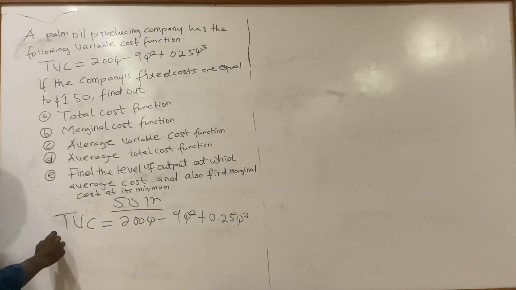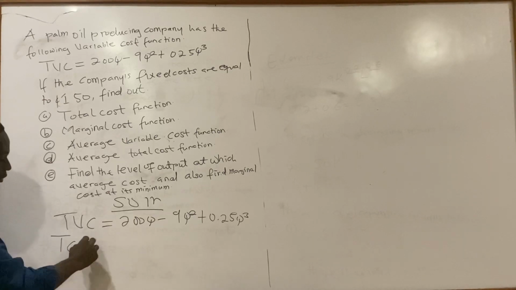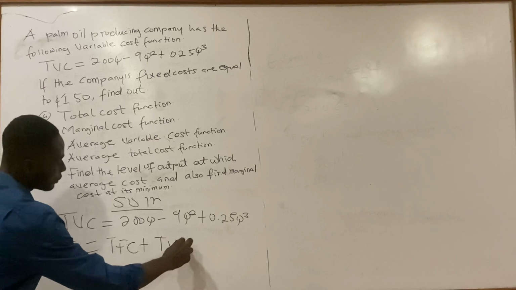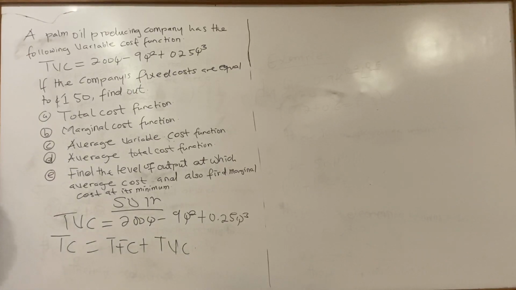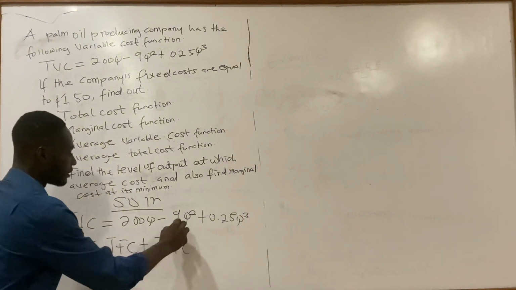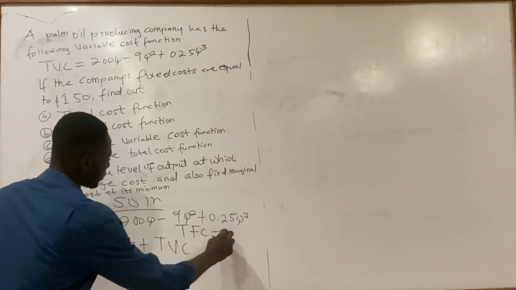Now we know that total cost is equal to total fixed cost plus total variable cost. We have been given total variable cost, and we have been given total fixed cost as well.